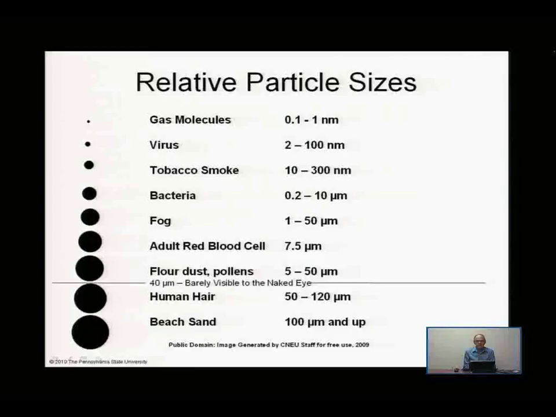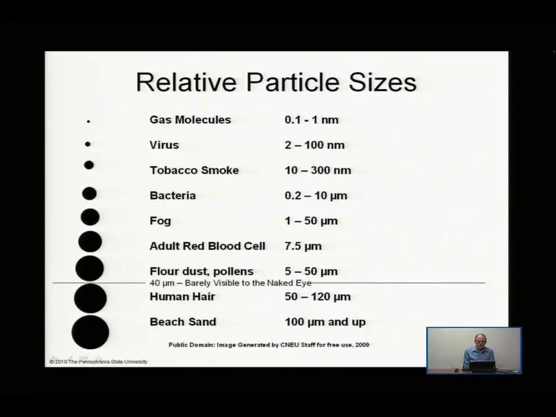Fog, just to again give a picture of particle sizes. The water particles in fog can be 1 to 50 microns in size. And a human red blood cell is about 7 to 8 microns in size.